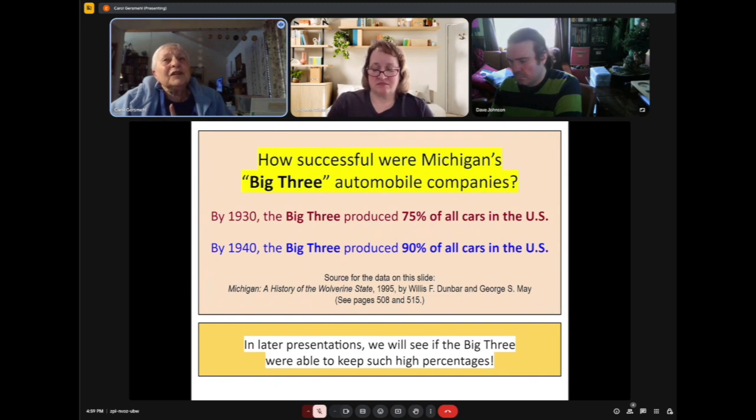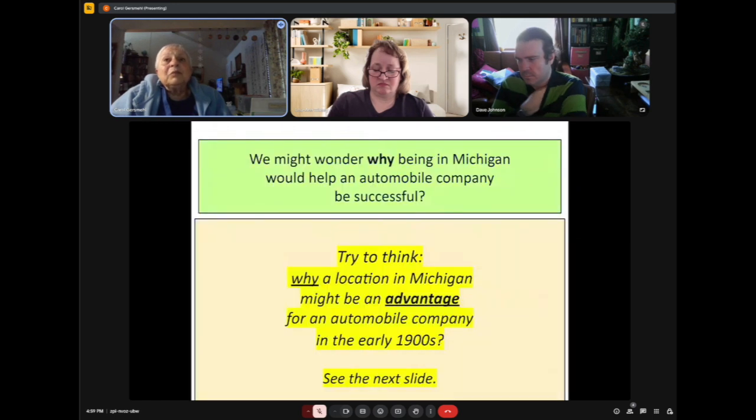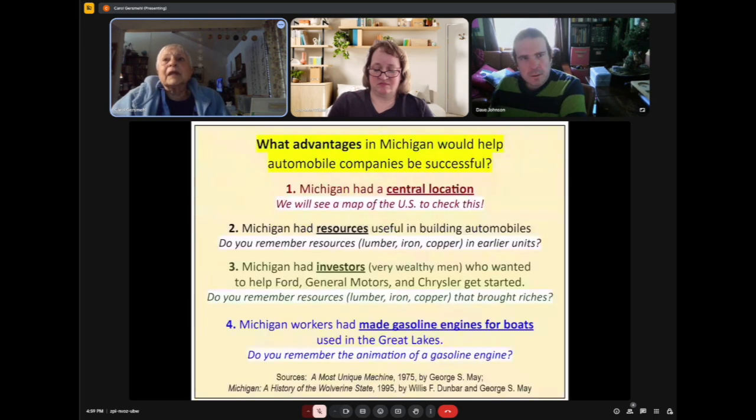And we're going to look at what decisions they made that helped them to be so successful, or what it was about Michigan that helped them. Maybe there were some advantages to being in Michigan. I made a summary here, and then we're going to use some maps and some pictures to see why. This is what the books say.